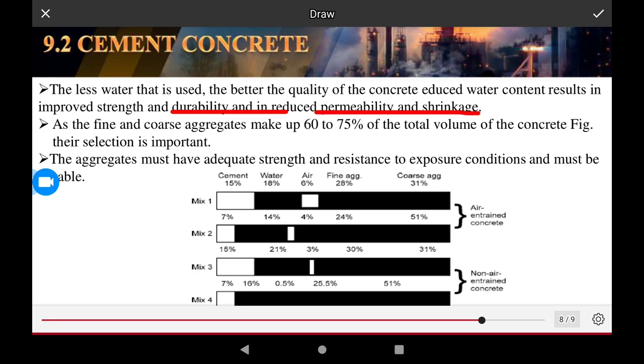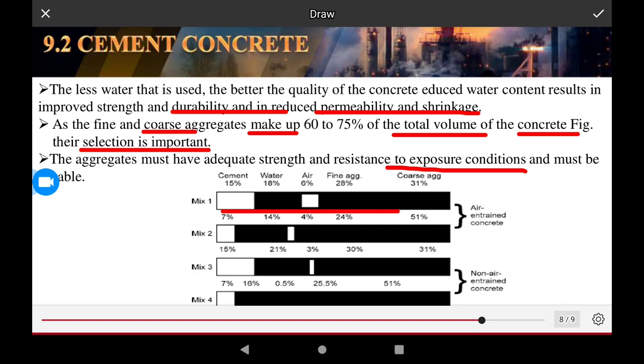Coarse aggregate makes up 60 to 75% of the total volume. For the concrete engineer, the selection of aggregate is important: it must have adequate strength and resistance to exposure conditions and must be applicable.